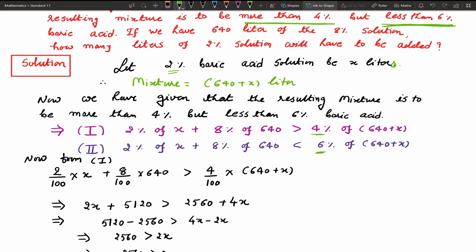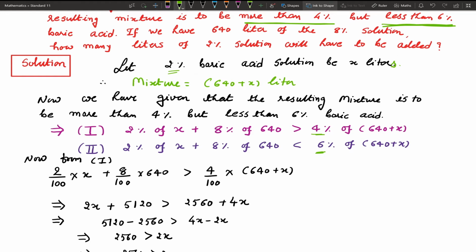We have given that the resulting mixture is to be more than 4% of total mixture, so 640 plus x liter. Now we have given it is greater than.